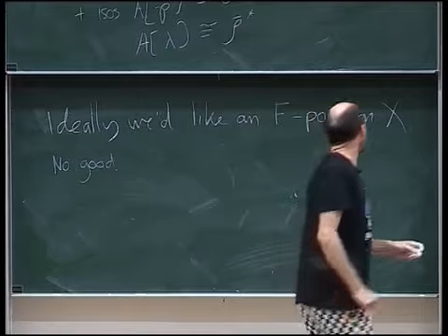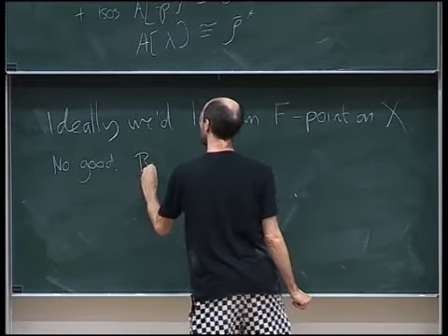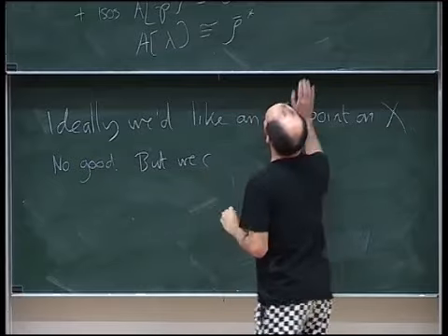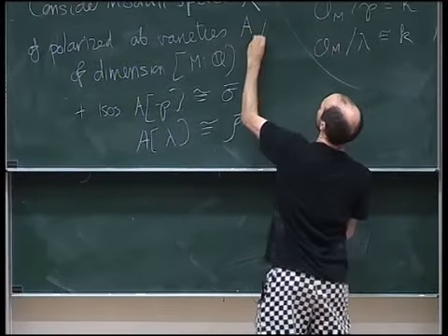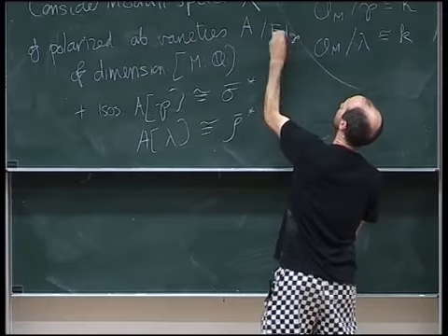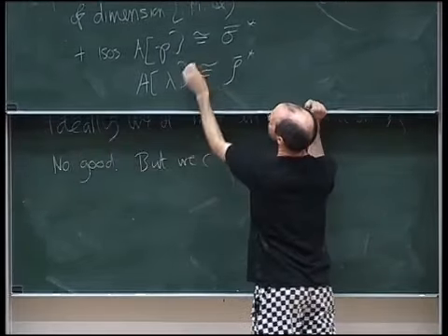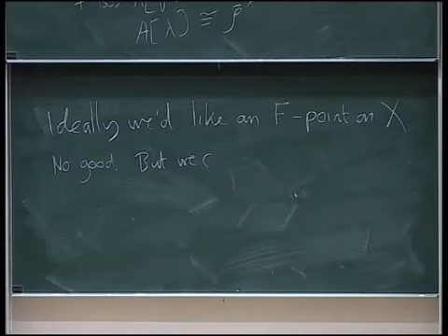But we can find an R point on X. I should maybe say this is a moduli space over F algebras, because this is an isomorphism of Gal F bar over F modules. How does one know that it is non-empty at all?